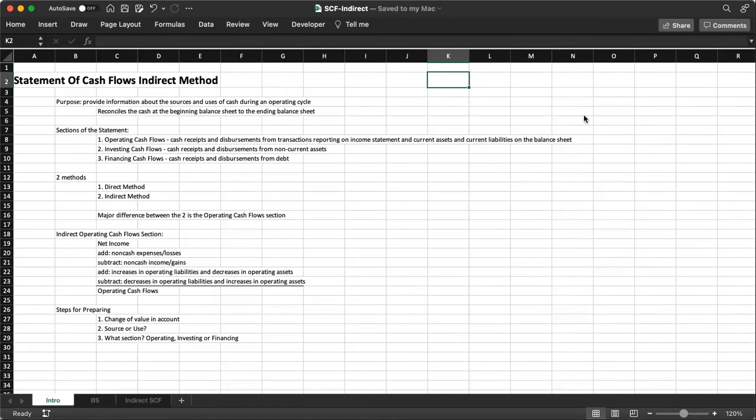The steps to prepare that we're going to be using today are: one, change of the value in the account, whether it's a source or use of cash, and what section it belongs in, either the operating, investing, or financing section. So let's jump right into the example.